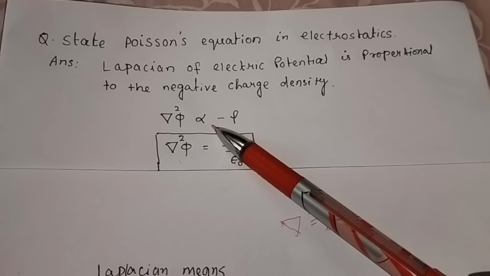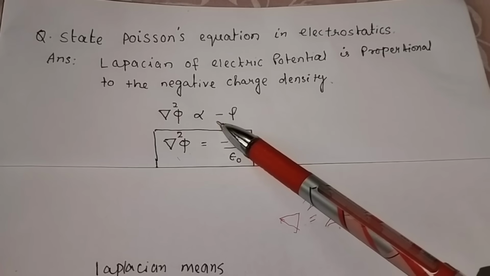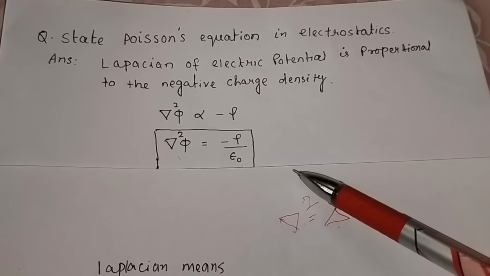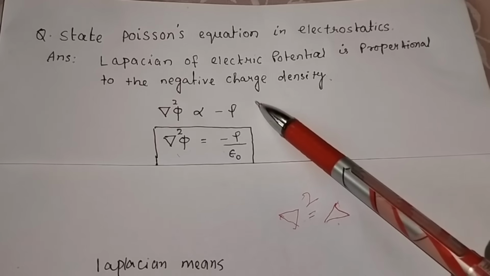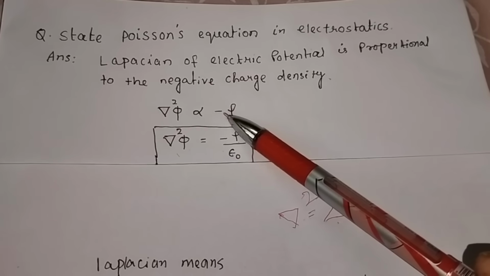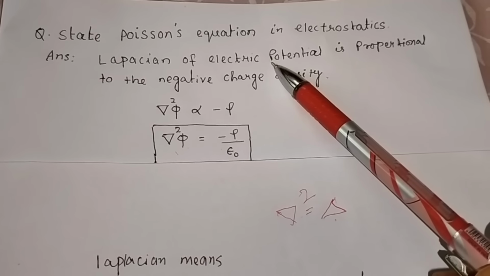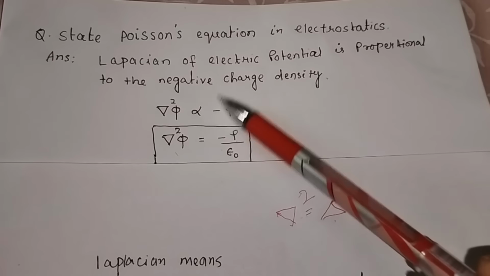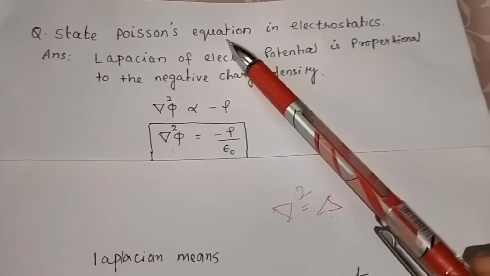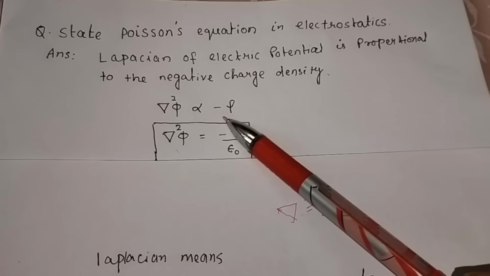And here the negative sign comes from the fact that the electric field is equal to the negative gradient of potential. From that you find the negative sign. Because in Gauss law or the differential form of Gauss law, you have the electric field. And when you find the electric potential in the Laplacian, in Poisson's equation, then you will have a negative sign.